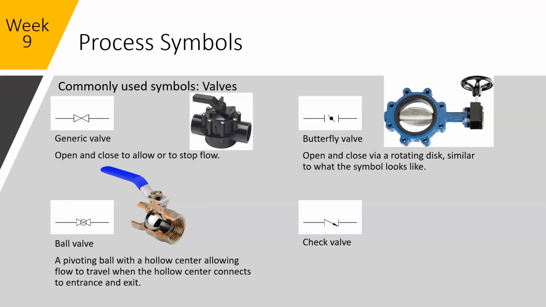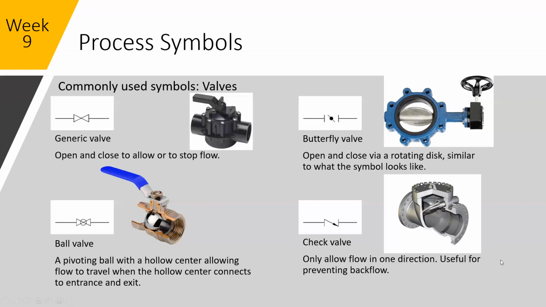And this last one would be a check valve. A check valve is just a one-way valve. They'll only allow flow typically in the direction of the arrow. Check valves are put in to prevent backflow from a pressure system.